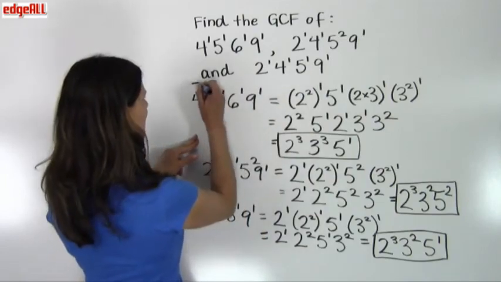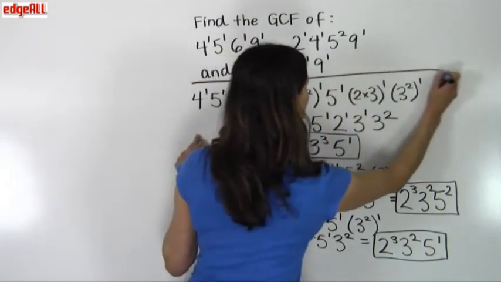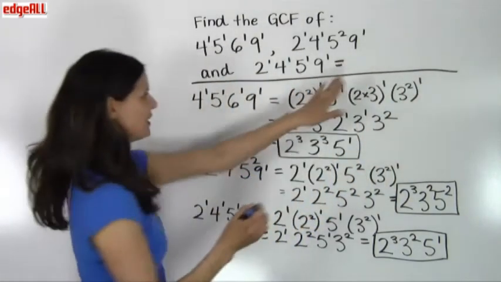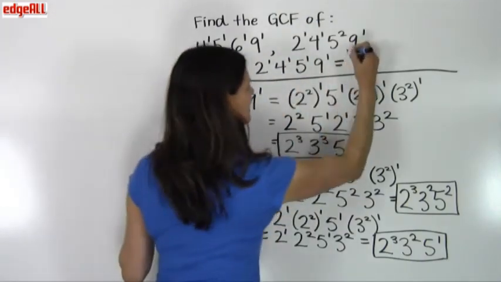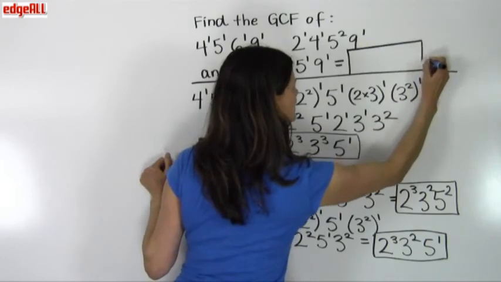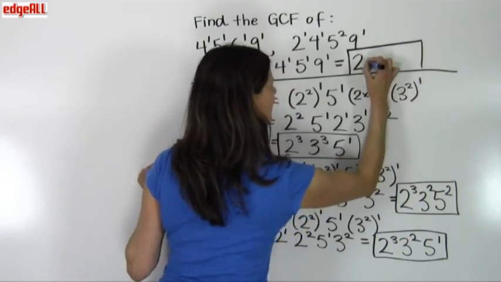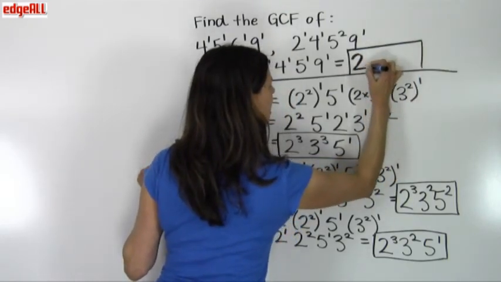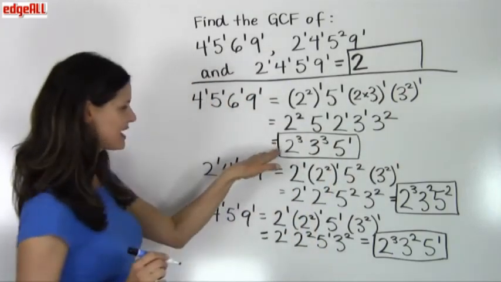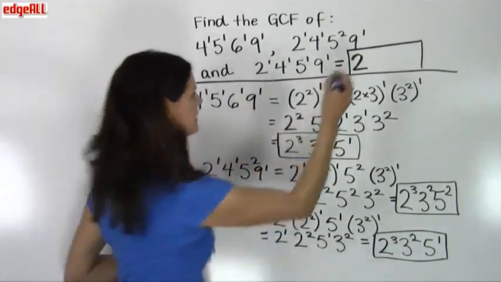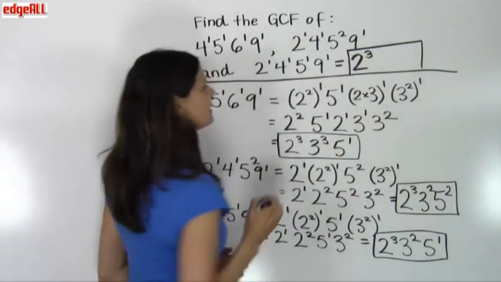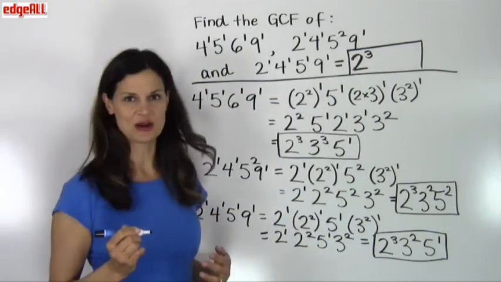I'm going to draw a line across here, and I'm going to put my answer of greatest common factor right here in this box. So for my prime factor 2, all 3 of my numbers share 2 to the power 3. So for my prime factor 2, I'm going to put a 3rd power.